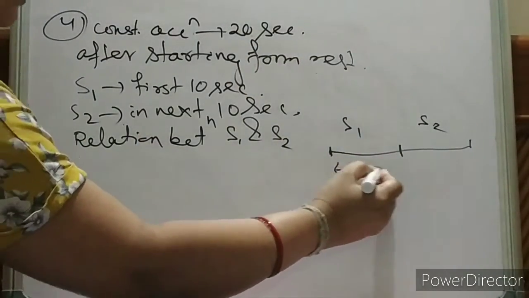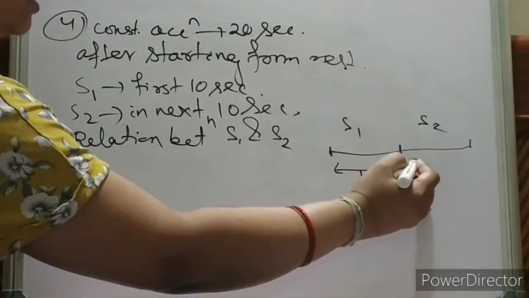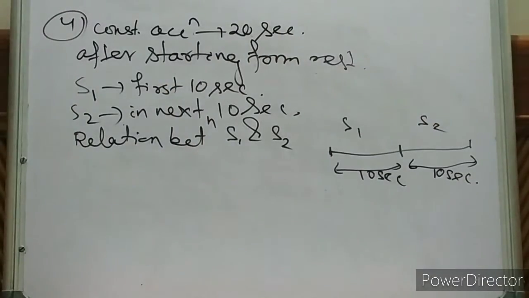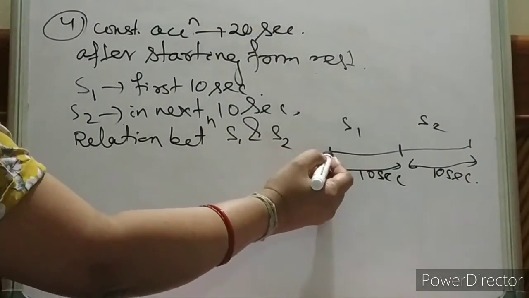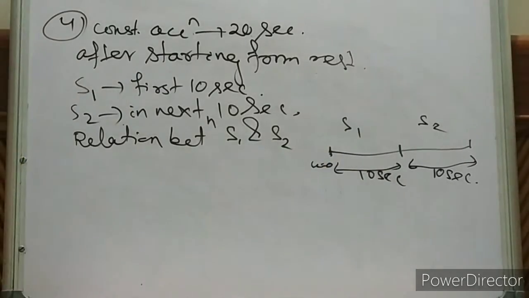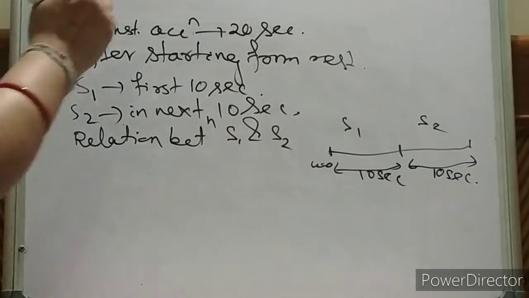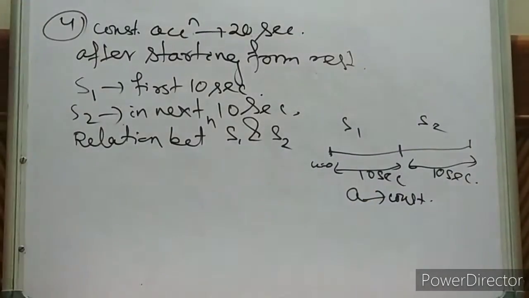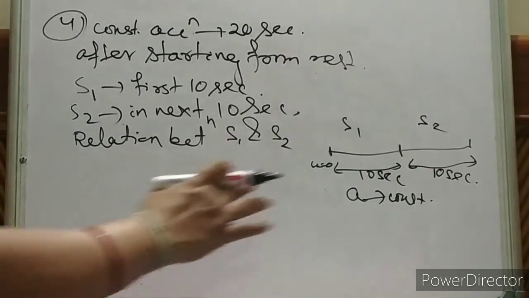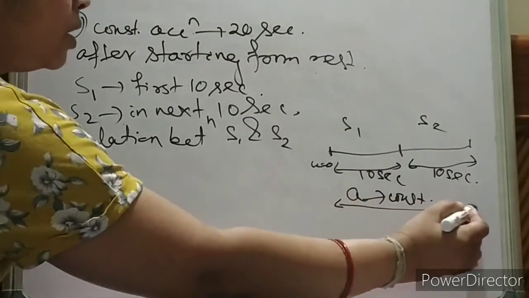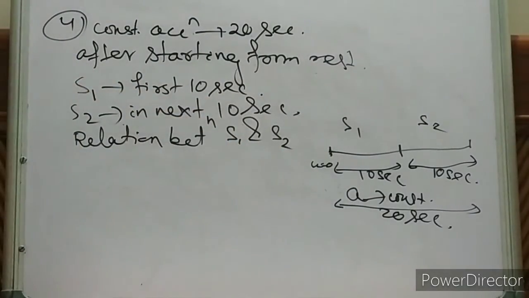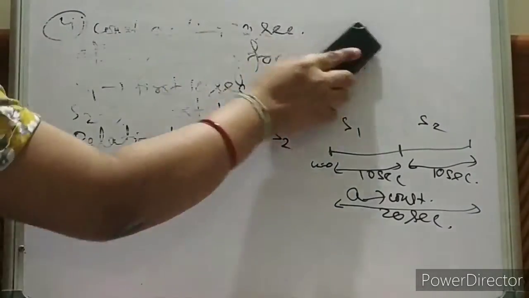And here in 10 second time taken, and from this also the particle takes time 10 second, and starting from rest, that means u is given 0. Clear children? And it has a constant acceleration, it is given in the question. So total 20 second given in the question. Clear now? So I have written all the data over here. Now I can rub the question so that I can solve it.